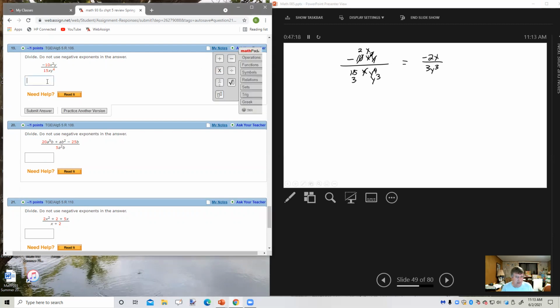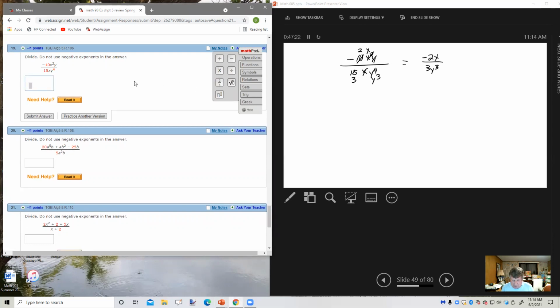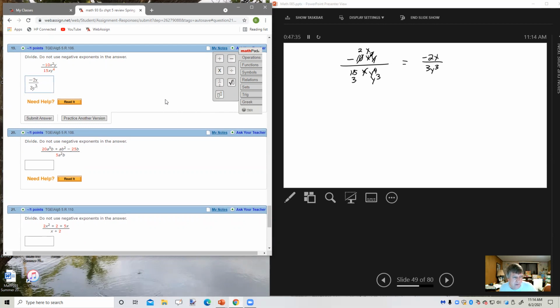Okay. Now, I'm going to use a fraction. So the numerator is going to be negative 2x. And the denominator is going to be 3y cubed.